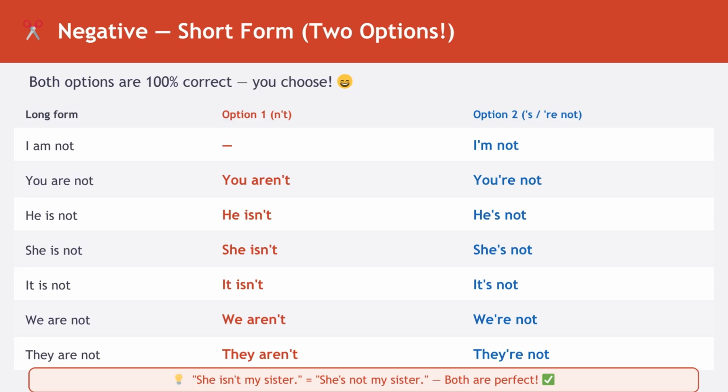He is not, he isn't, or he's not. She is not, she isn't, she's not. It is not, it isn't, it's not. We are not, we aren't, we're not. They are not, they aren't, they're not.